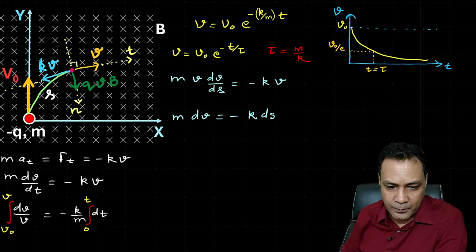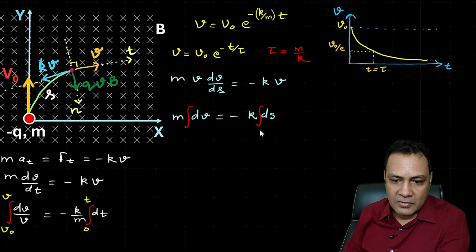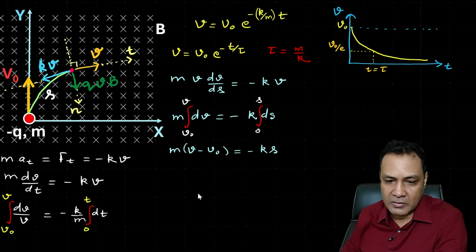So integrate this with the proper limits. Initially v is equal to v naught, s is equal to 0, and final, when the distance travelled is s, the speed becomes v. Now integrating this and putting the limits, we will get m times v minus v naught equals minus ks.